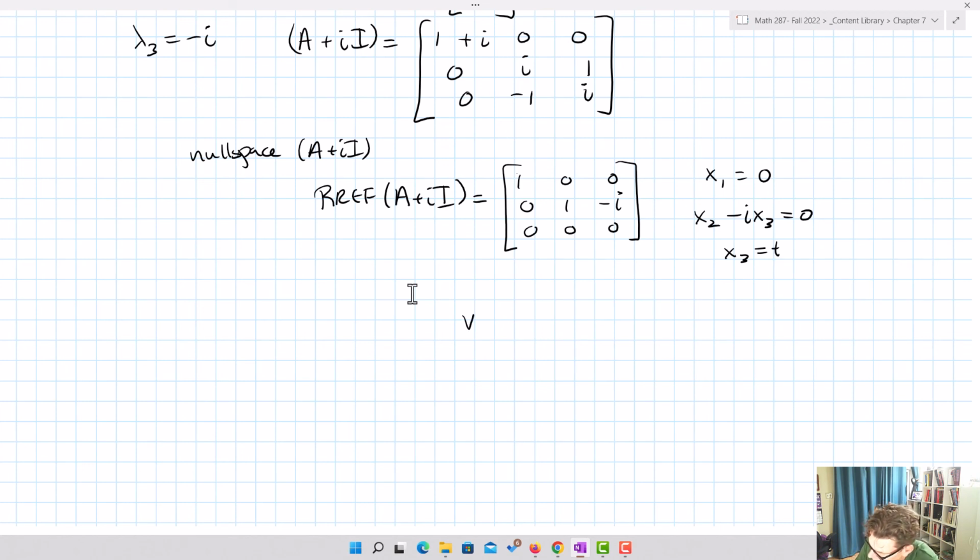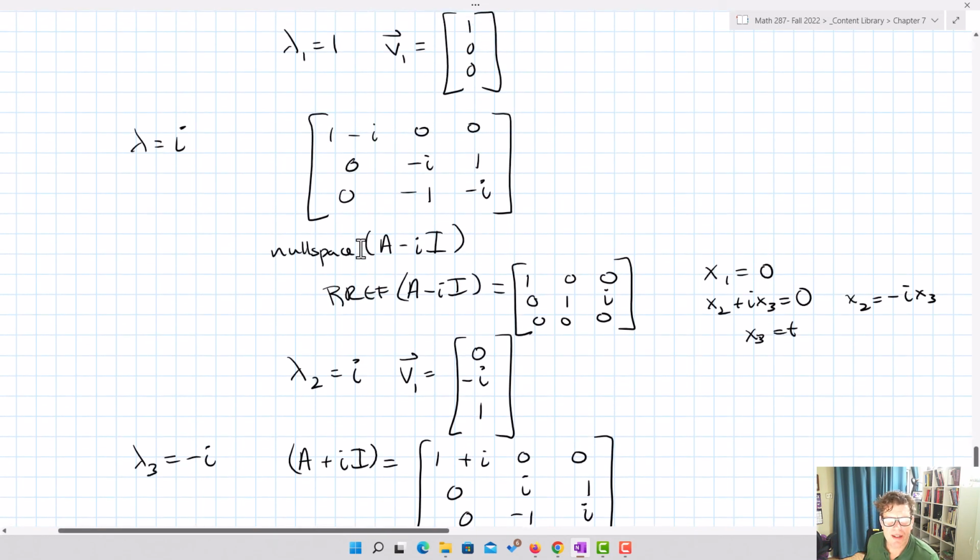So my associated eigenvector v3 is 0, i, 1, because x2 equals i x3. The associated eigenvalue, lambda 3, is equal to negative i.